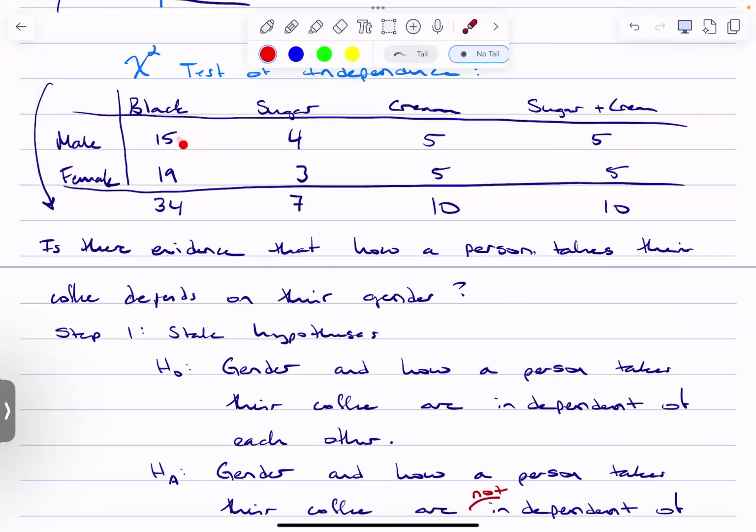Then we're comparing, okay, within this group of people who take their coffee black, then I'm comparing these counts, right? And then within this group of people who take it with sugar, I'm comparing 4 and 3, 5 and 5, 5 and 5. Now, one of the conditions is that I need at least 5 expected counts in each cell, and I might have really bungled it. We'll see. We need the expected counts.